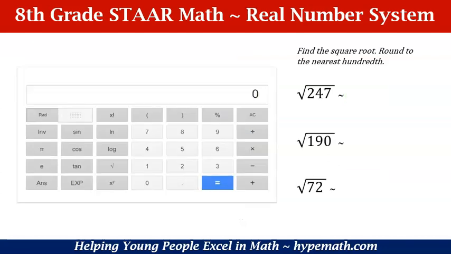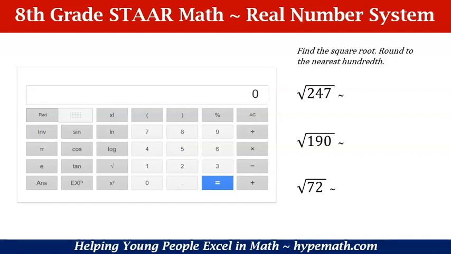Now you try. Type in the square root, grab a calculator, whether it's online or a handheld calculator. Find the square root of 247, the square root of 190, and the square root of 72. I'll give you a few seconds to type it in.